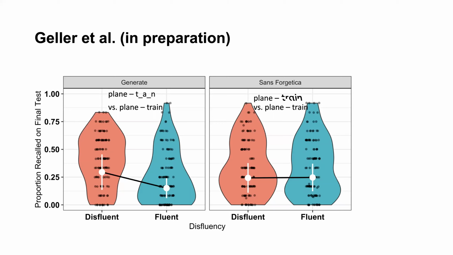The generation effect is that if you generate something, so if you have to generate "train" compared to just reading "train," you have better memory for the train that you generated than if you simply read it. This is called the generation effect, and we were able to replicate this online. We can see this nice generation effect here, where individuals have better memory for the generation items than the simply read items. So again, we can replicate studies that we do in the lab.